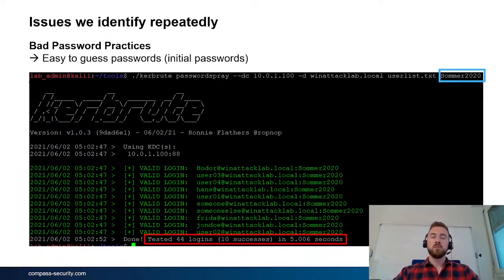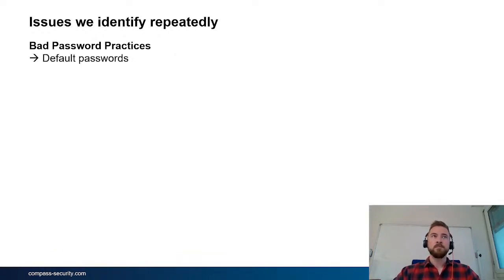And there are tools nowadays, a ton of different tools, which allow an attacker or someone trying to do malicious activities to easily use such a password or identify accounts which have an initial password. So within seconds in a large environment, you can identify users with such weak passwords. And then technically the account is compromised.